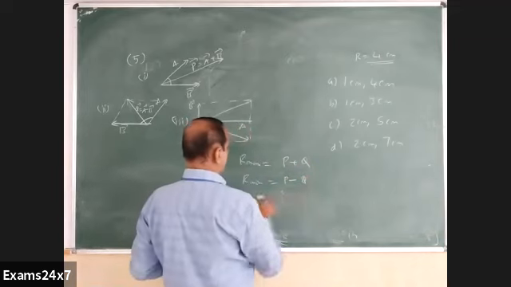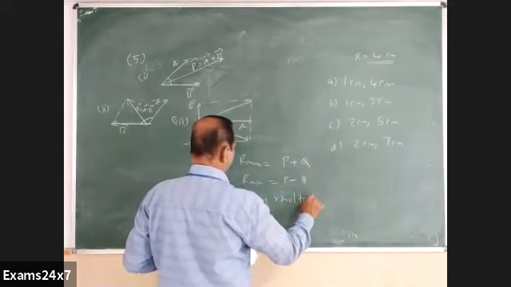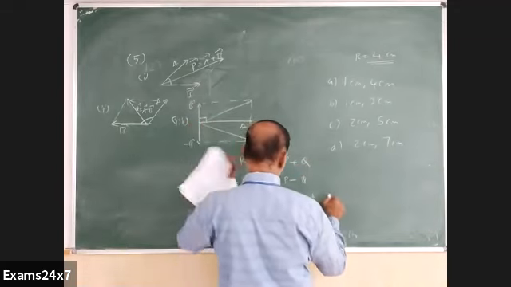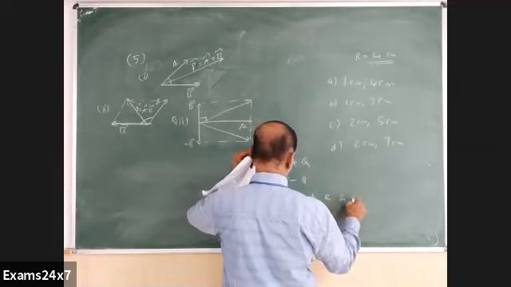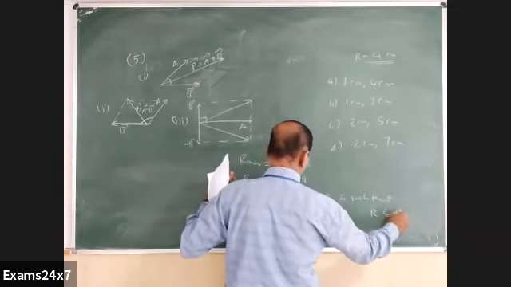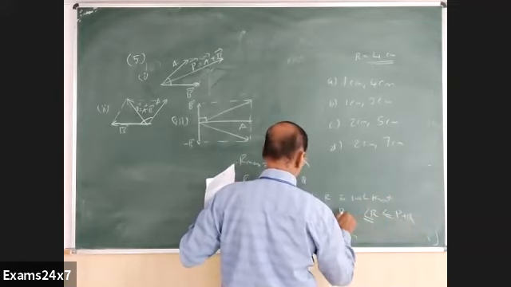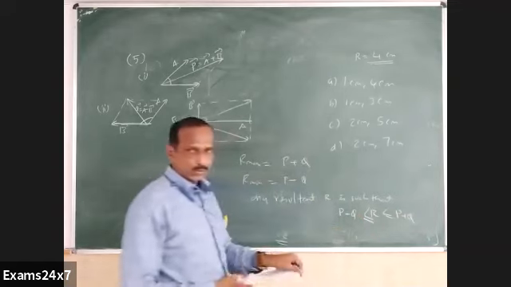So any resultant R is such that R must be less than or equal to P plus Q, and greater than or equal to P minus Q.